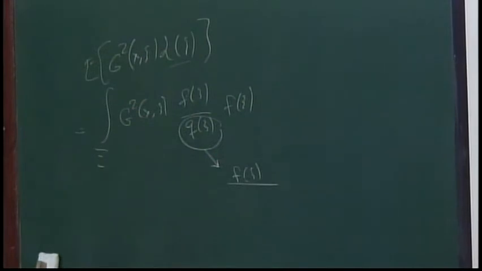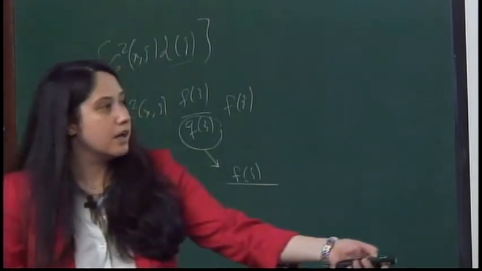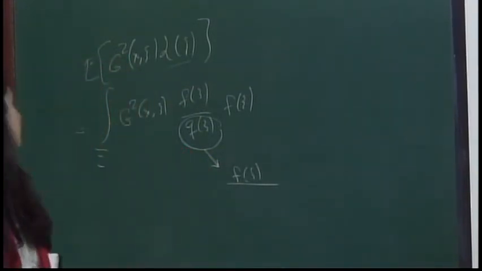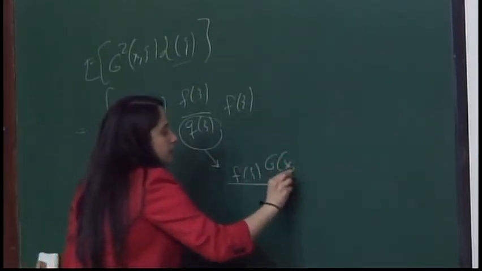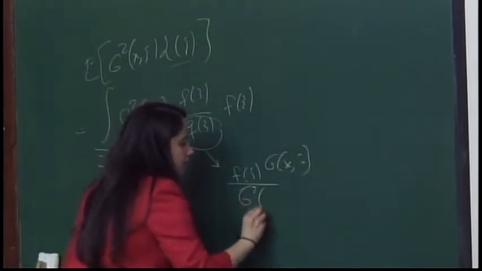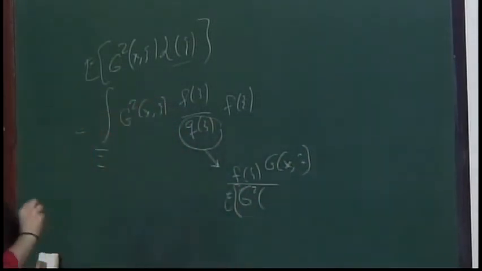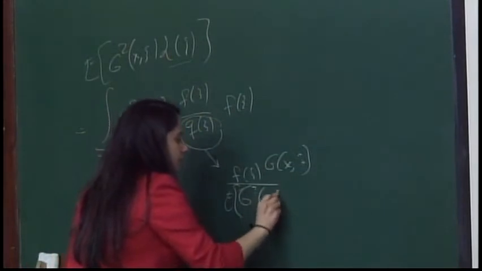And what else do we have? We want to have an expectation, because in the end, I want to have the expectation of g squared remaining there. So g divided by the expected value of g of x.